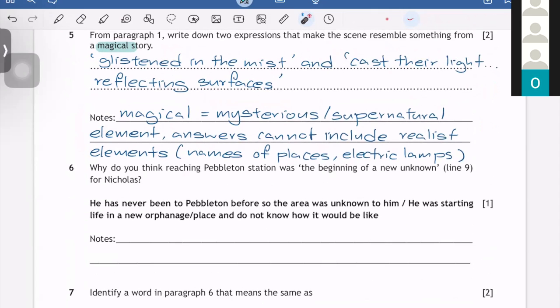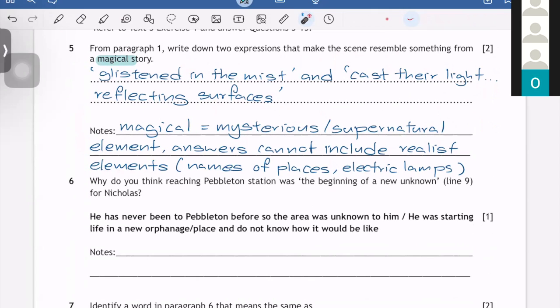Question 6. Why do you think reaching Pebbleton Station was the beginning of a new unknown for Nicholas? Define the meaning of unknown. So that means this place has to be unfamiliar to him.